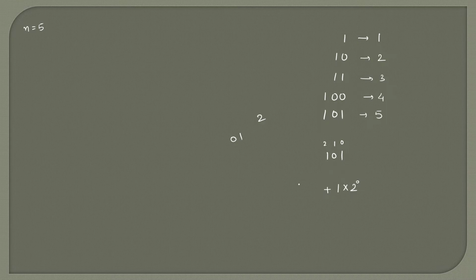We take 0 multiplied by 2 to the power 1. We take 1 multiplied by 2 to the power 2, which gives us 4. So the sum is 5. You can Google the topic or watch videos with programs that convert from one number system to another.